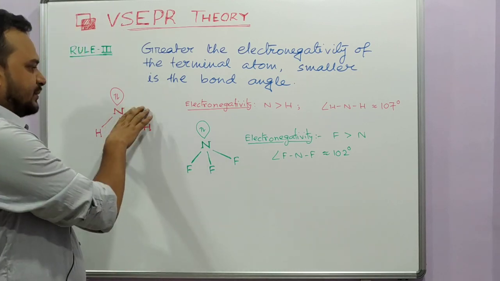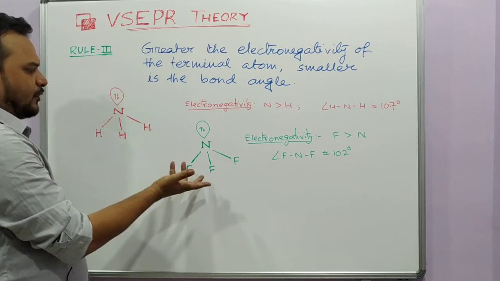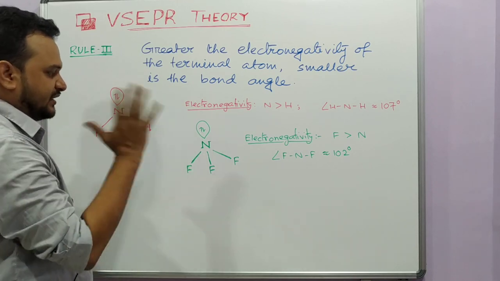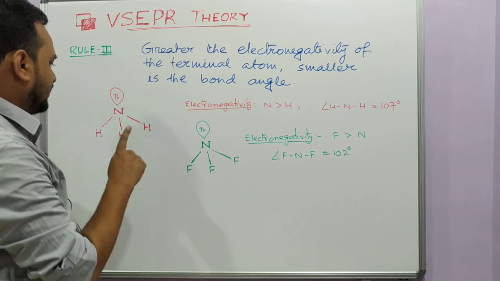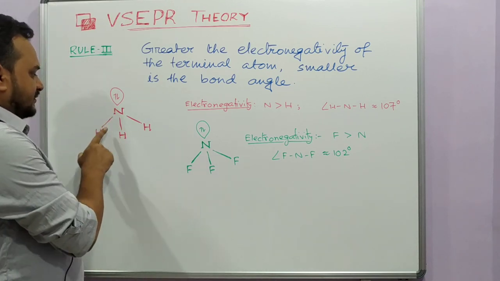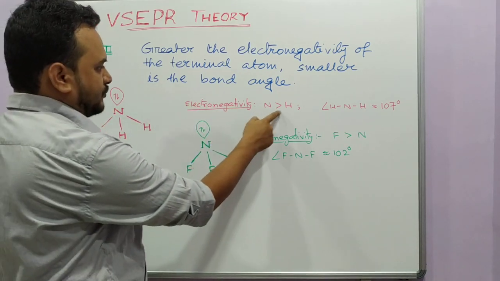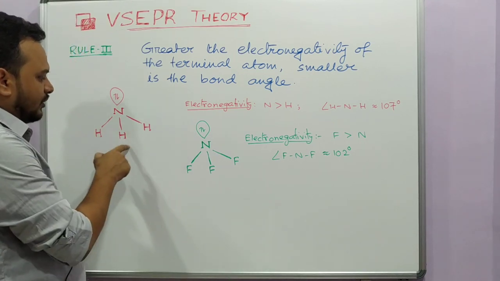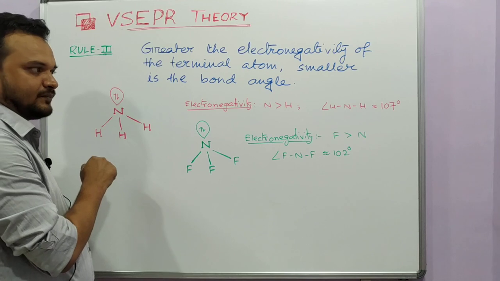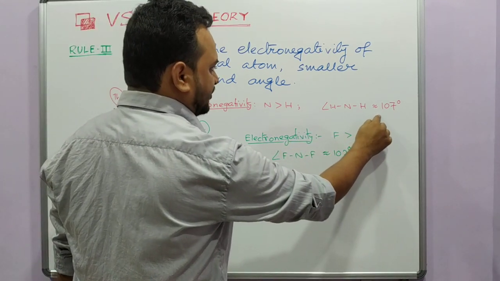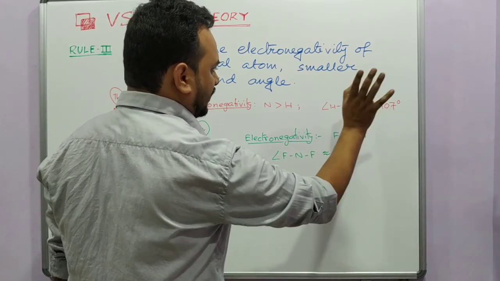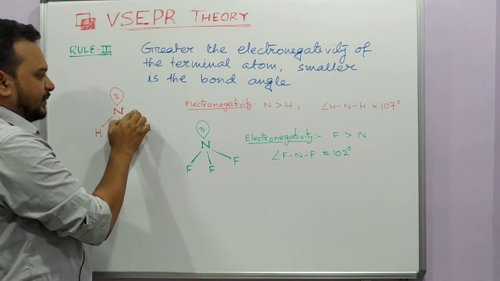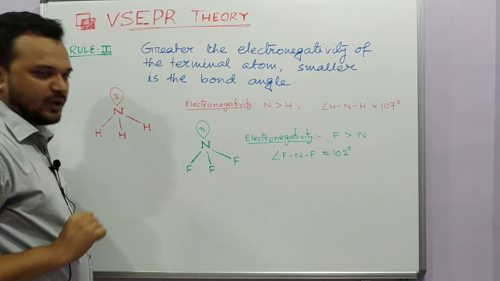So NH3 and NF3 have a similar bonding and structure: one lone pair, sp3 hybridized nitrogen, tetrahedral. Here the electronegativity of nitrogen is greater than hydrogen. That means the electronegativity of the terminal atom is less, and the bond angle deviates from 109 degrees 28 minutes to 107 degrees, just because of greater repulsion between lone pair and bond pair than bond pair, rule number 1.